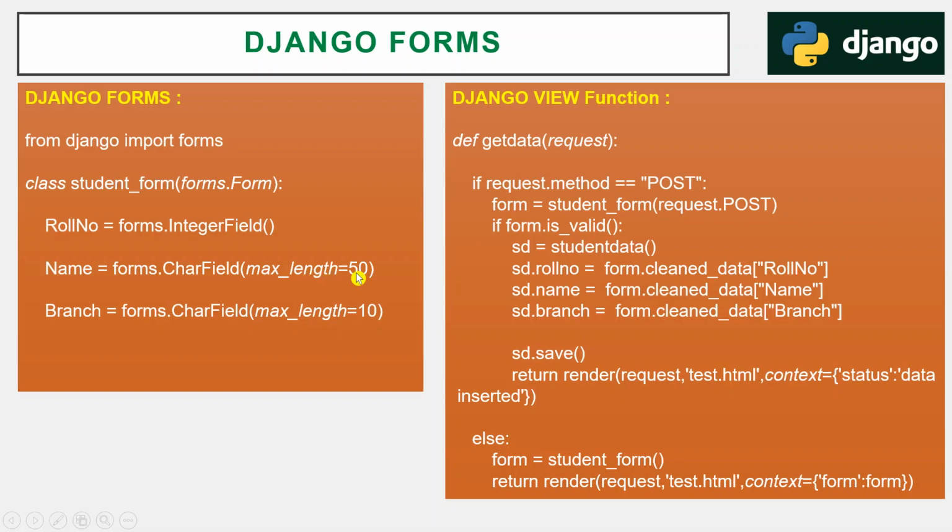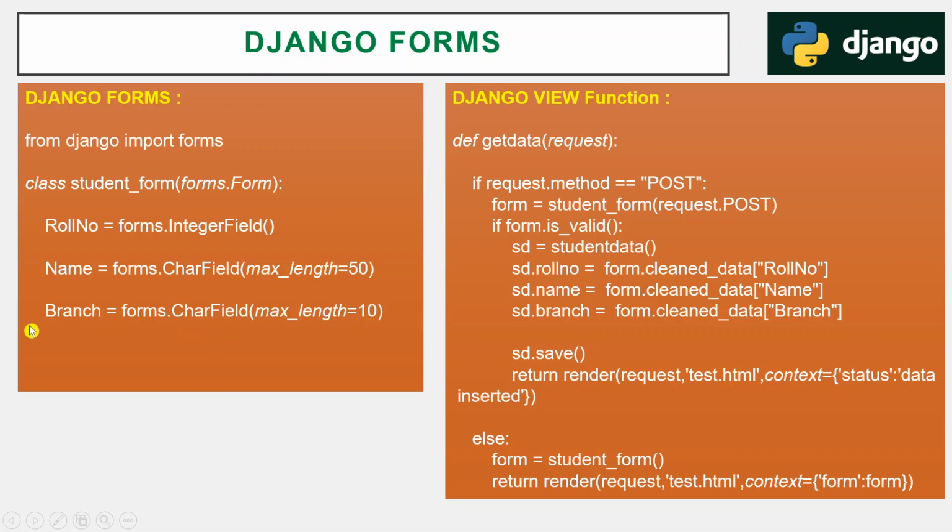So if you give the 51st character, it will come up and say the maximum length is exceeded. That means we are validating here itself, with the simple code forms.CharField.